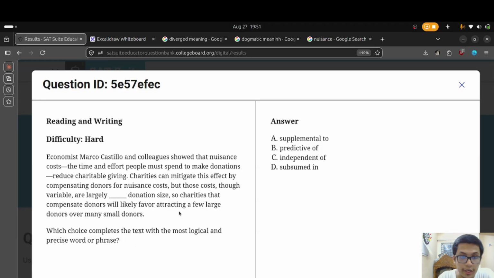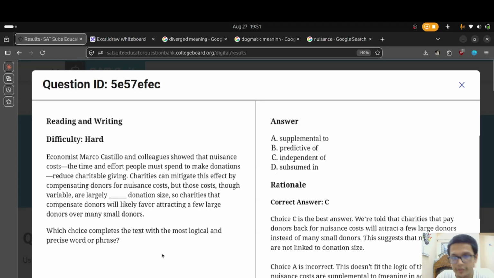Now, here's a catch. They want to mitigate the nuisance cost. So it says that compensating donors for nuisance costs is not an effective method because it's largely independent of donation size, which means it does not depend on it. So I guess it should be independent of. That's my answer.